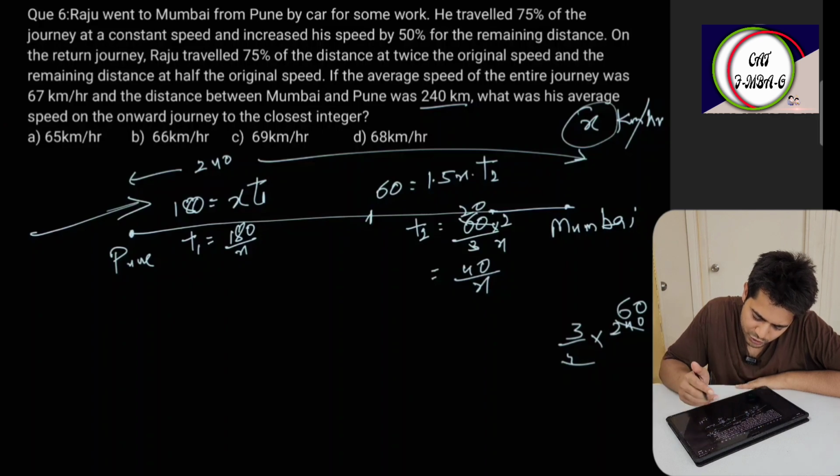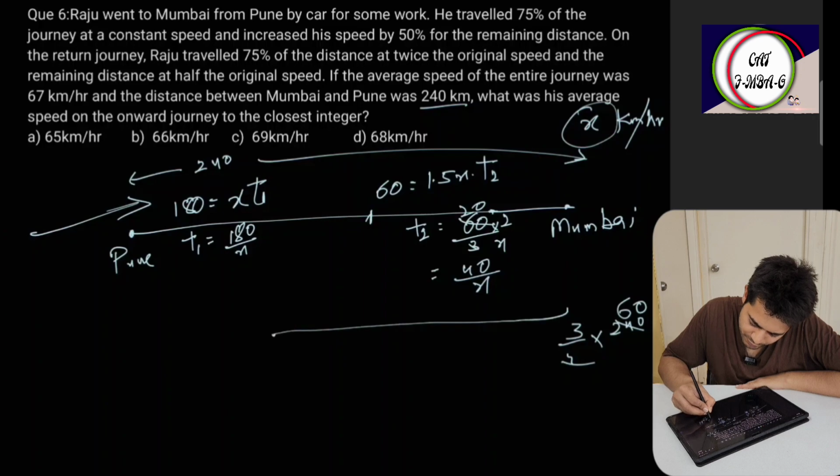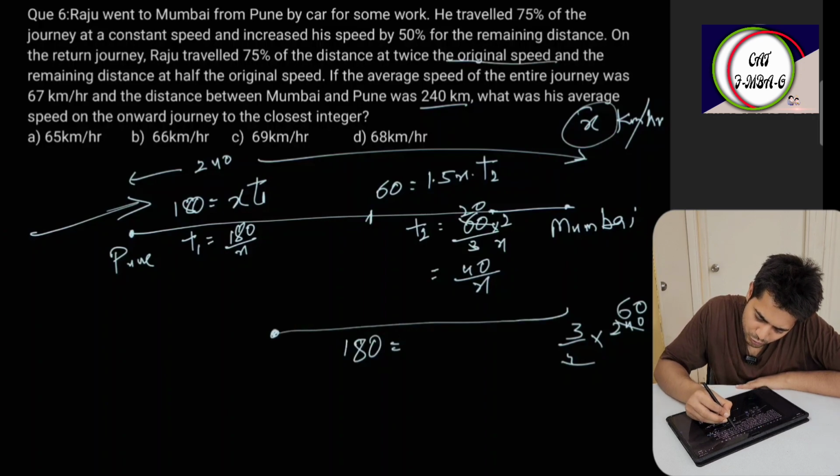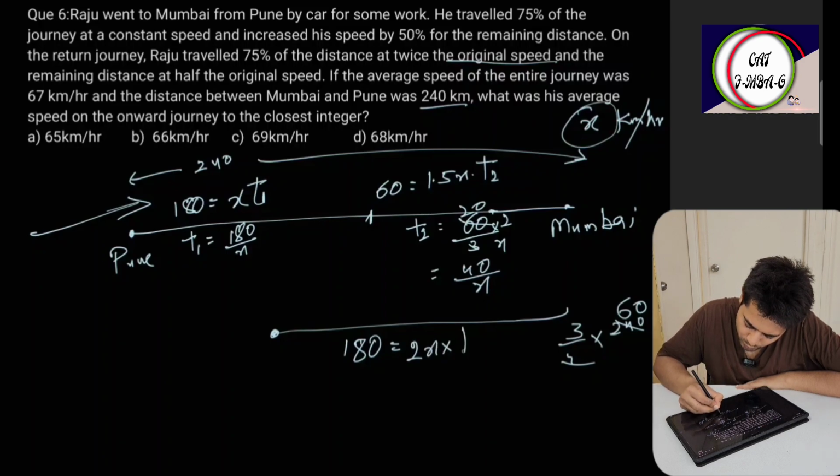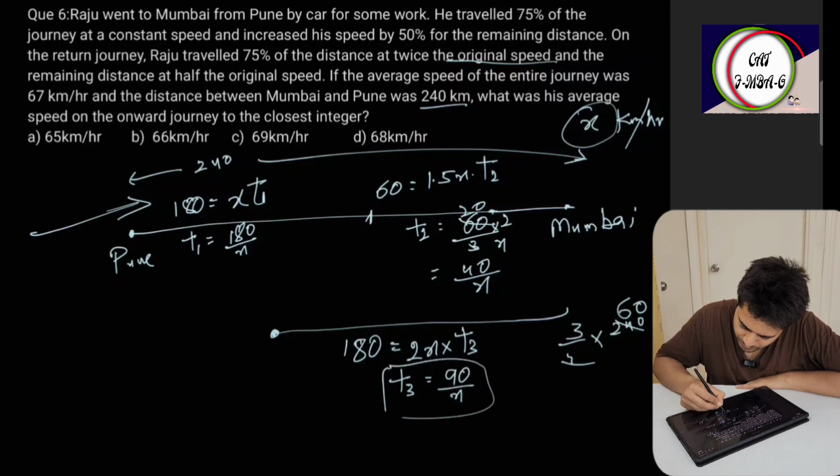This is the forward journey. On the return journey, Raju traveled 75% of the distance at twice the original speed, 2x, into t3. So t3 is equal to 90 by x.